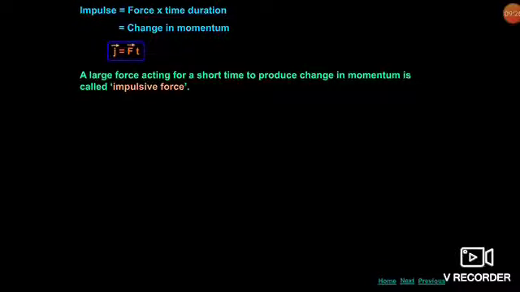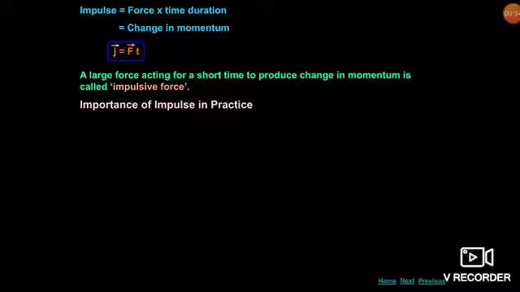Impulse is equal to force into time duration. Now what is force? Change in momentum upon time. So time and time will cancel out, and you will get only change in momentum. So we can write impulse is equal to force into time. A large force acting for a short time to produce a change in momentum is called an impulsive force.